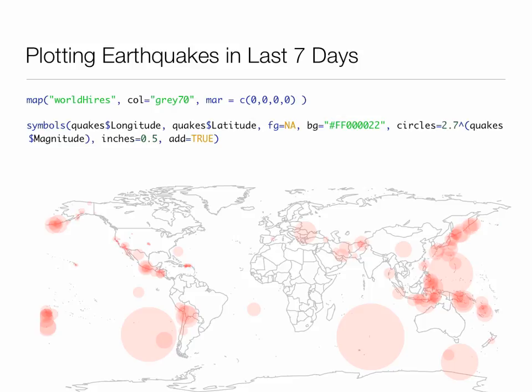And for background, I'm going to give it an RGB code that says I want red and I want it to be mostly transparent. So FF is red, 0000 tells you no green, no blue, and 22 says make this somewhat transparent.